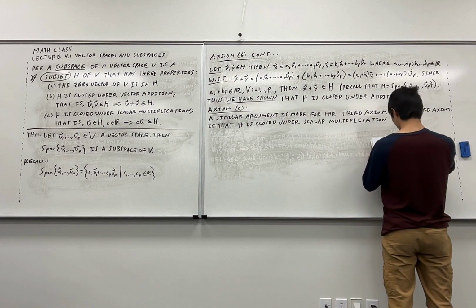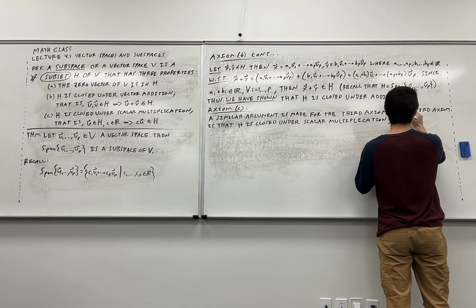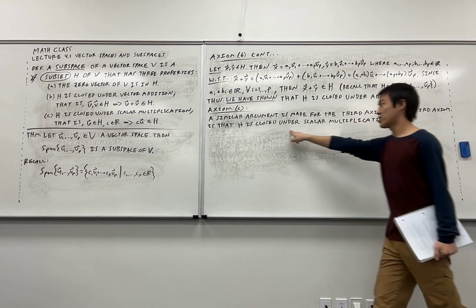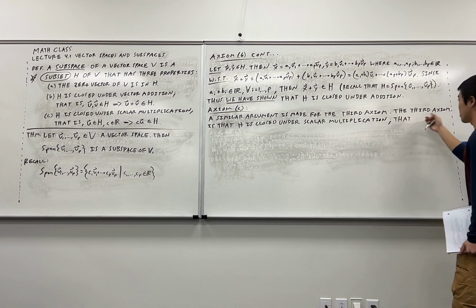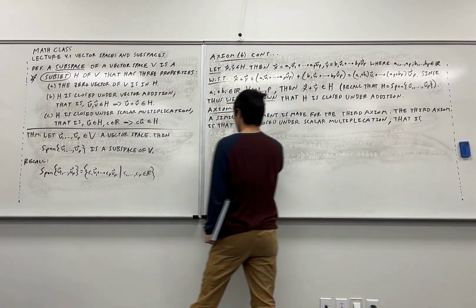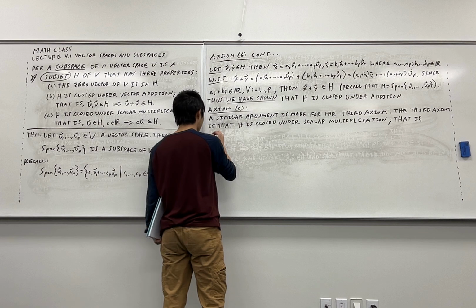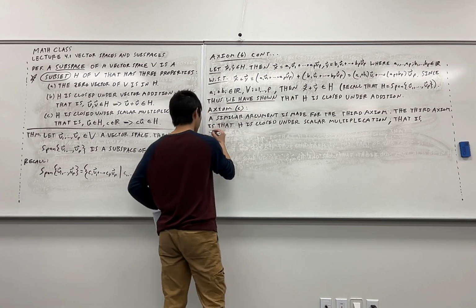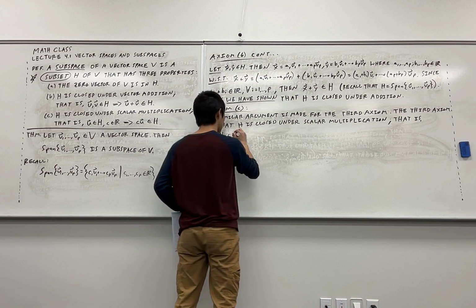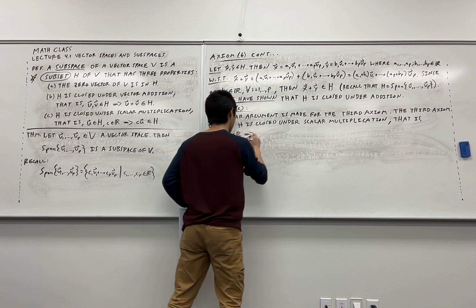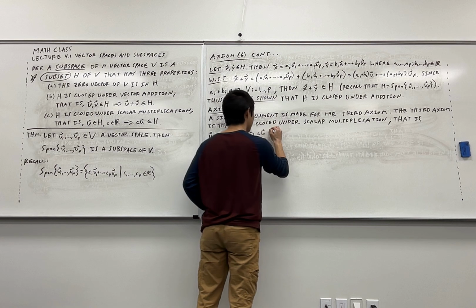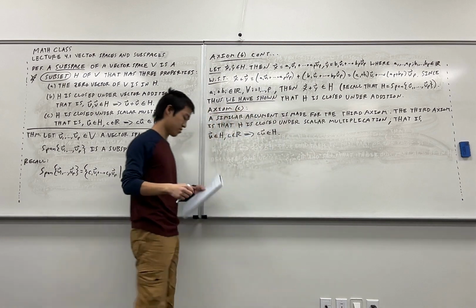Okay. So let's frame the jargon, being closed under scalar multiplication. That's jargon, that's math vocabulary. Let's frame that with math terms. That is, if I have a vector u in H and a scalar c in R, having those two things should directly imply that c times u is also in H. Okay?